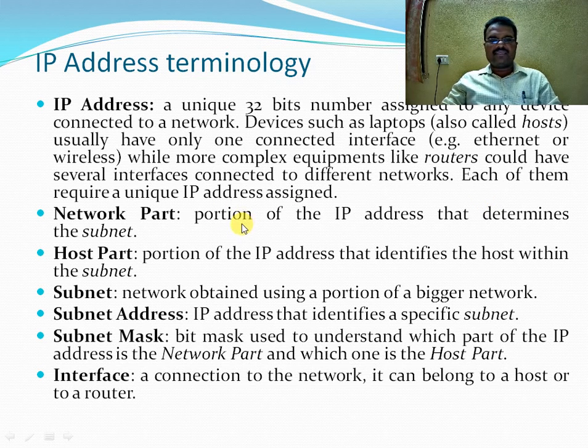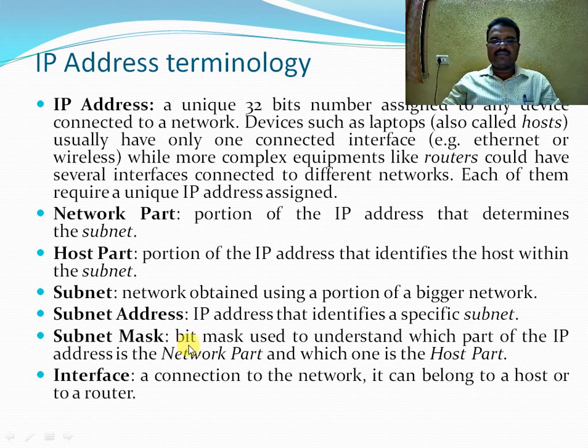Network part: a portion of the IP address that determines the subnet. Host part: the portion of the IP address that identifies the host within the subnet. Subnet: a network obtained using a portion of a bigger network. Subnet address: the IP address that identifies a specific subnet.